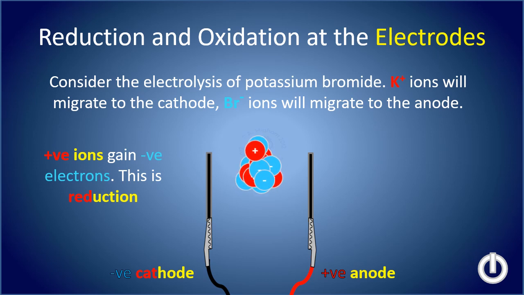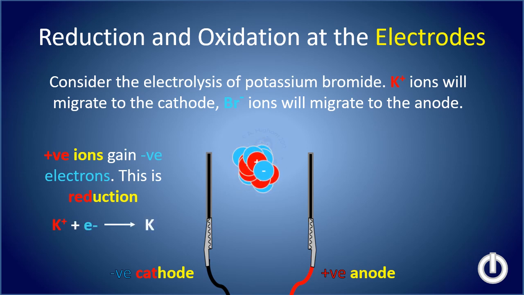On this side, at the cathode, the positive ions will go to the negative cathode because opposites attract. But to reverse that ionization process, to turn it back into the element, we need to give the potassium ion, the positive ion, an electron back. So when we have gain of electrons, this is reduction.